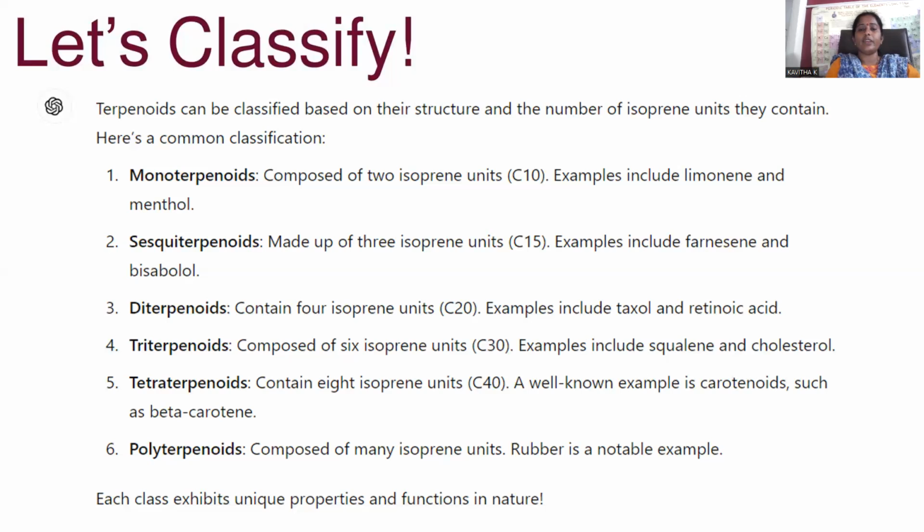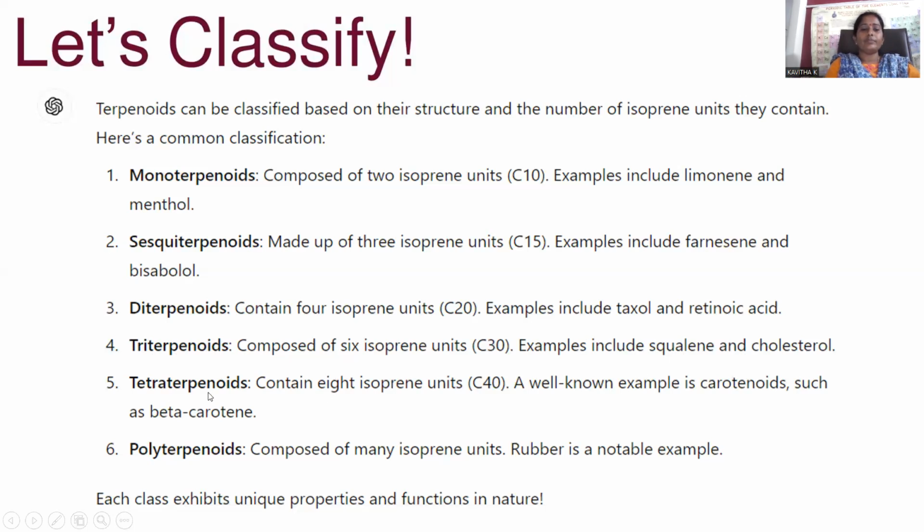In that manner, we have to trace out the particular answer regarding these terpenoid compounds. So examples are most vital in classifying these terpenoid compounds. Triterpene has 6 isoprene units, and squalene and cholesterol are the examples.